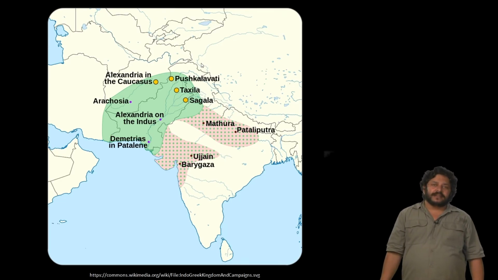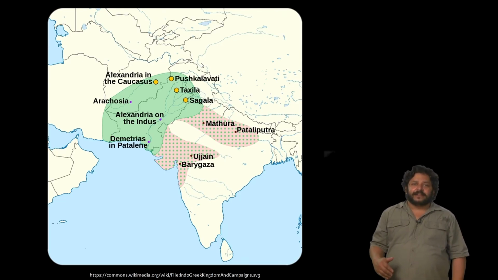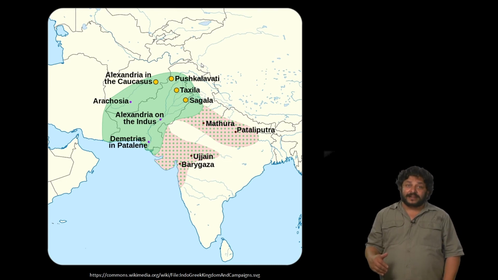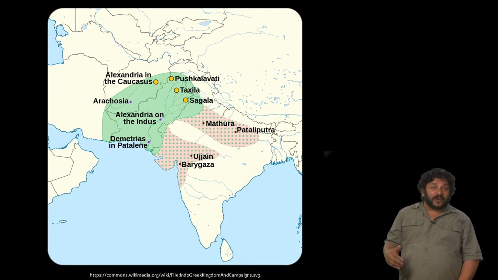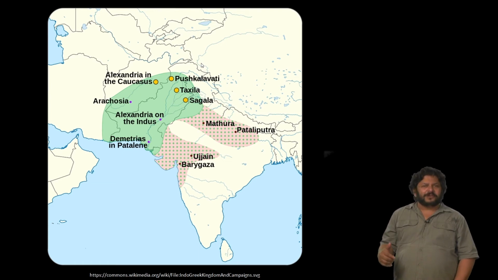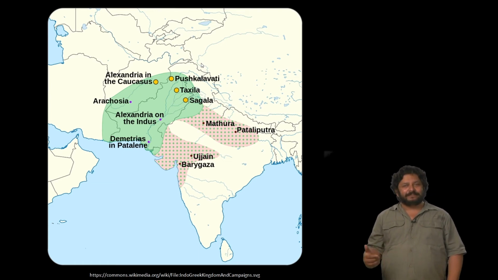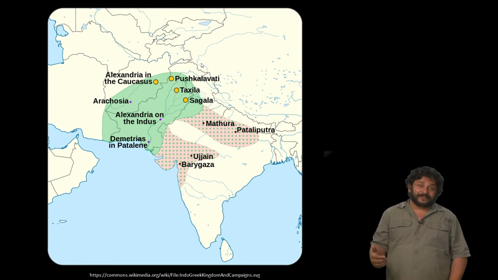The Mauryas have sustained contact with the Greek kingdoms that arise on the northwest of India. We know of people like Menander, called Milinda in Sanskritic sources, but we also know of Greek sources that describe people like Chandragupta Maurya, calling him Sandrocotus.